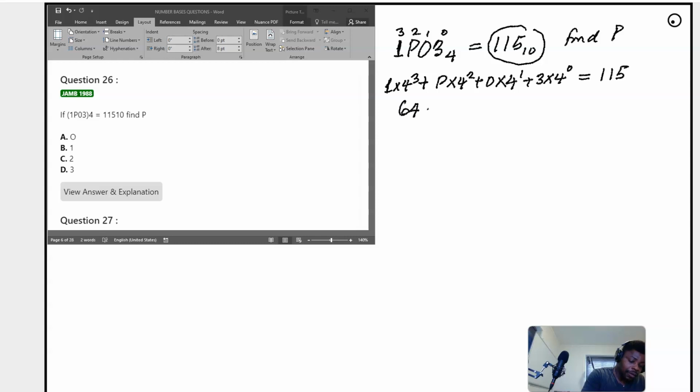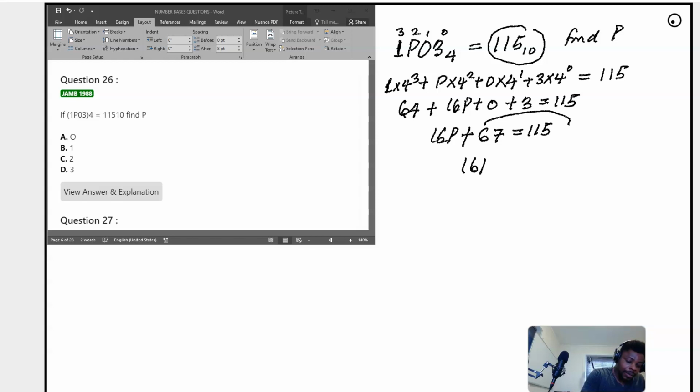This is 64. 16p. This is 0 and this is 3. So this is 16p plus 64 plus 3, that is 67. We can take this one to the other side.